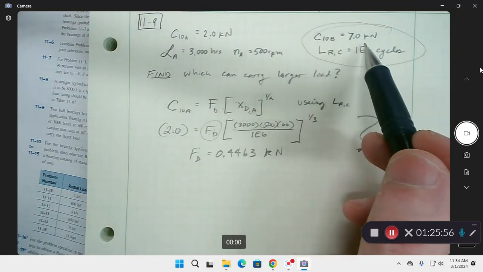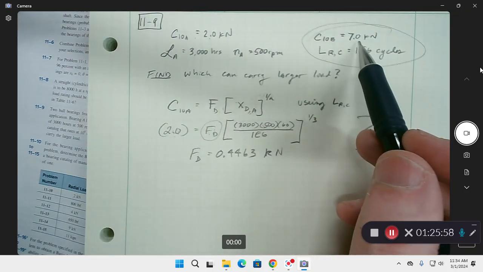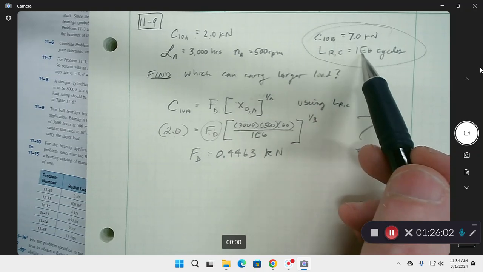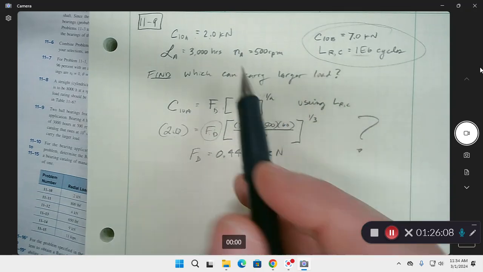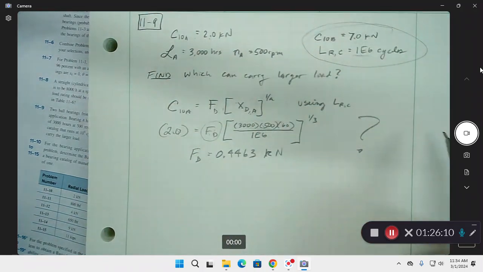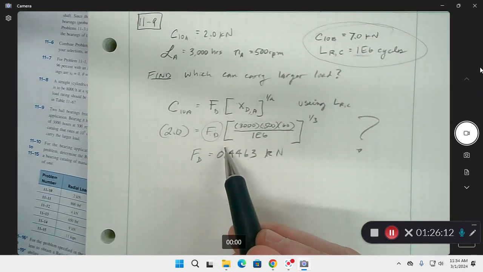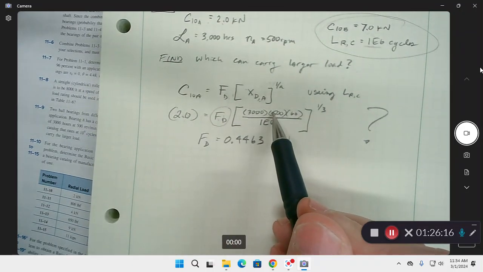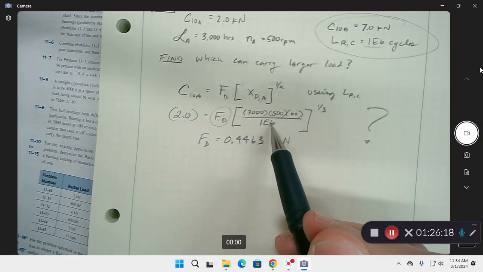So this one seems to me to be the regular one, the one we're used to. It is a rating that has the standard life. This has a weird one. So I'm going to try to decide whether this is in the numerator or this is in the denominator.